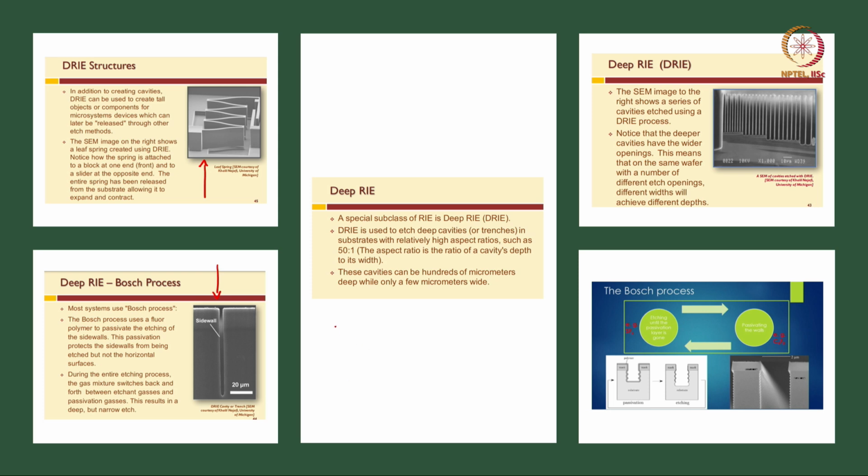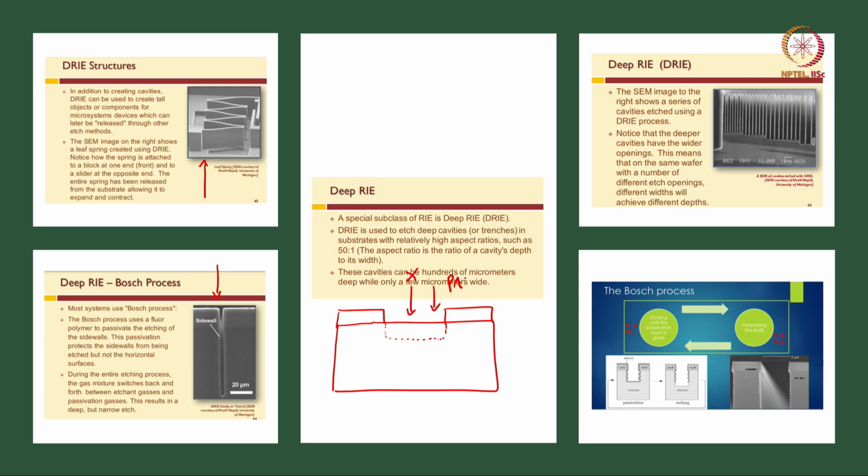What happens is, initially you take the silicon wafer that you want to etch. When the etchant comes, it will start etching like this, and once it is etched, you stop the etchant and start the passivation layer.